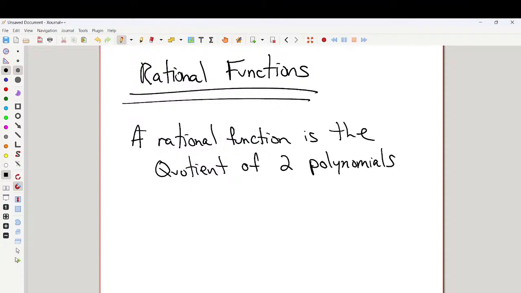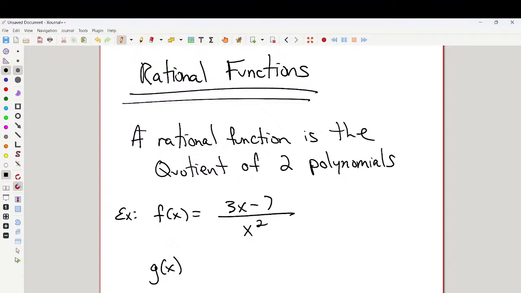But it's a quotient of two polynomials. So just really quick, 3x minus 7 over some quadratic. Hey, there's a quadratic. Let's use the parent quadratic. That's a rational function because it's a polynomial over a polynomial.